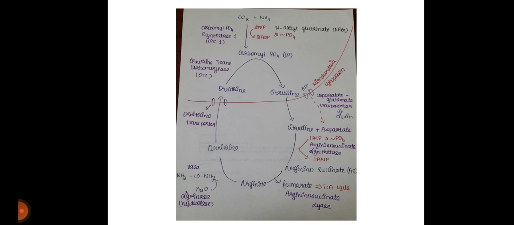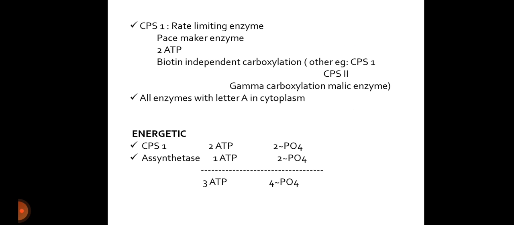Moving on to the next, I want to talk a little bit about the first enzyme, that is CPS1, which is the rate limiting enzyme. It is also called the pacemaker enzyme. Synthetase comes, so it requires 2 ATP, and most importantly it is a biotin independent carboxylation.